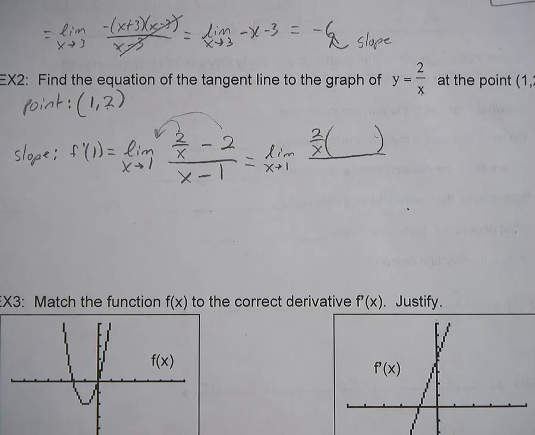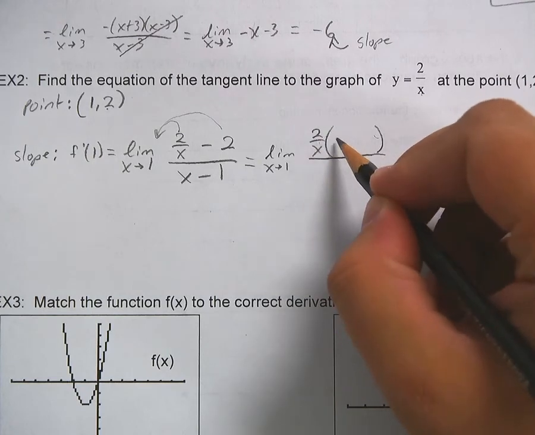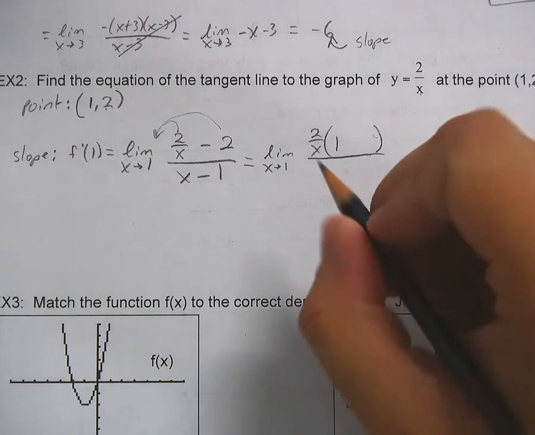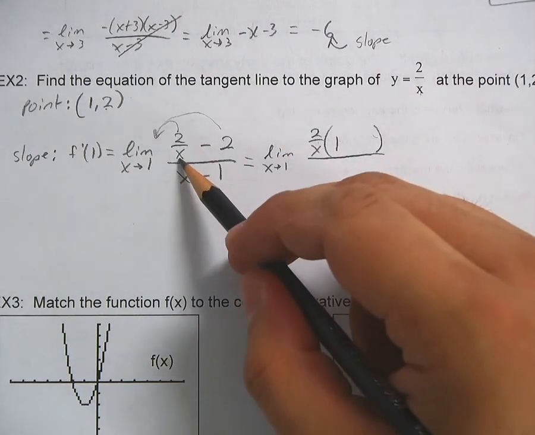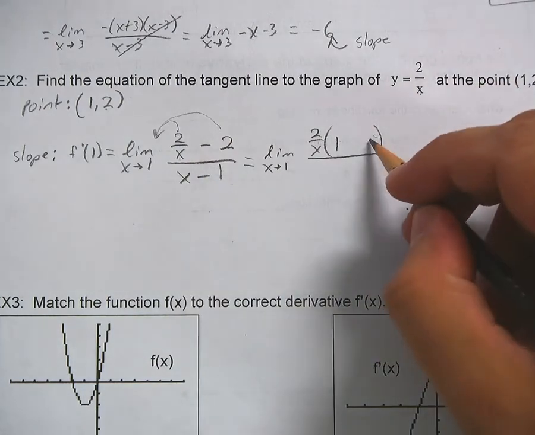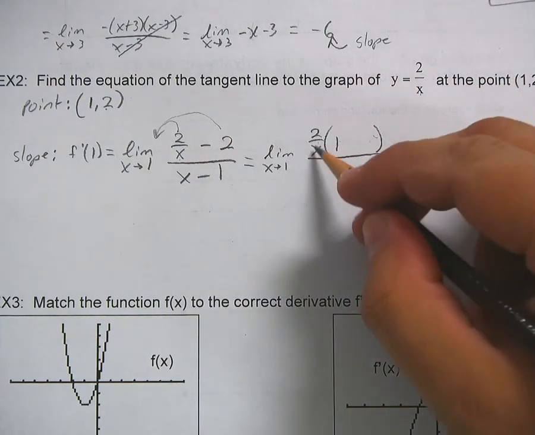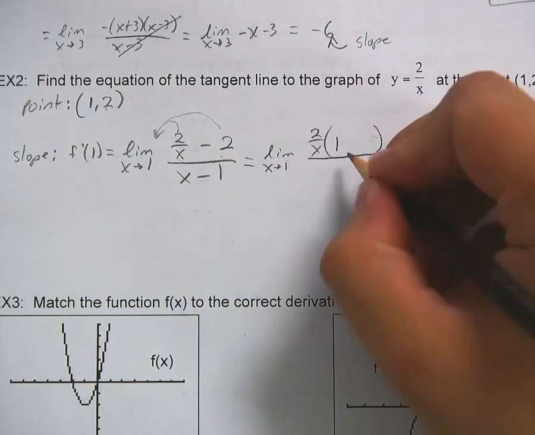Now what's that going to look like? Now remember, 2 over x times this gives me 2 over x. Well, that's going to be 1. That's pretty easy to see. But then 2 over x times this has to give me 2.